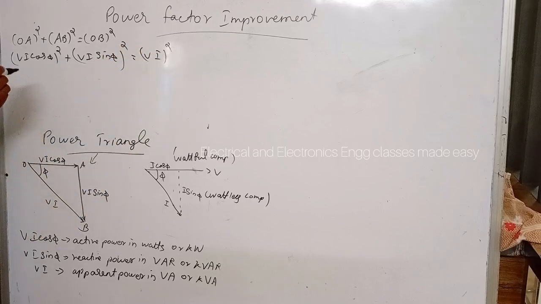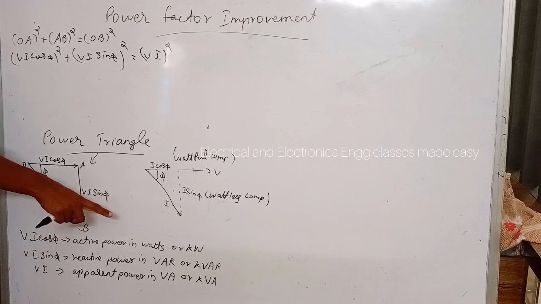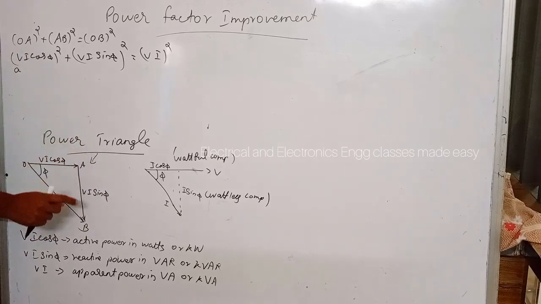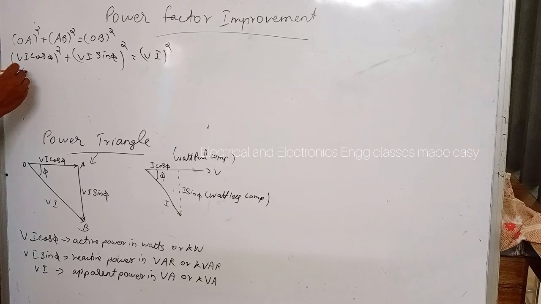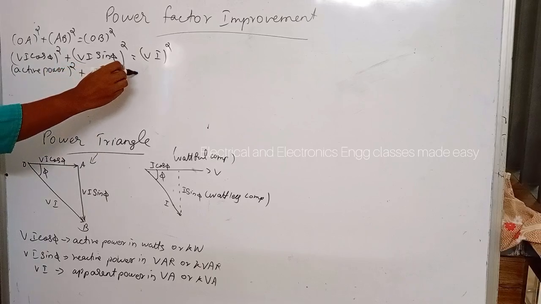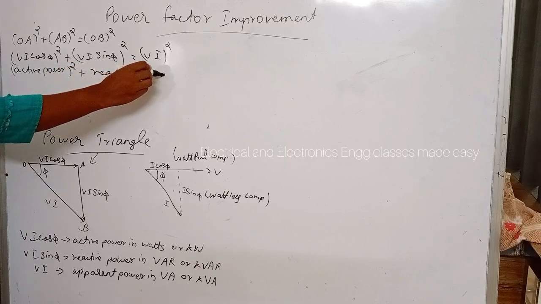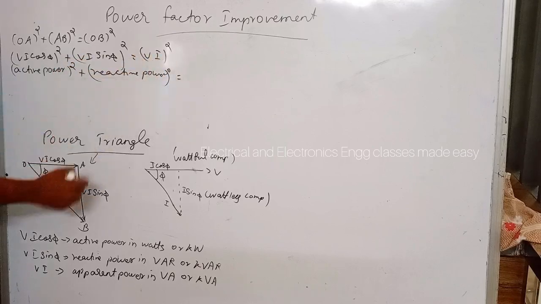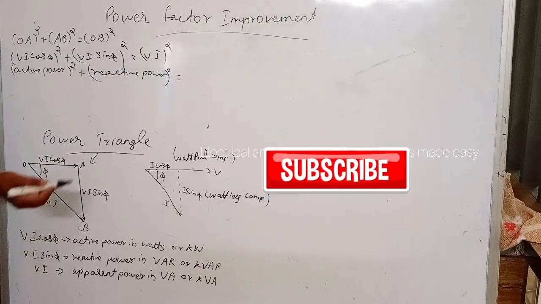That is, VI cos phi is in kilowatt, or this is the active power. So we can write active power squared plus reactive power squared equal to apparent power squared.